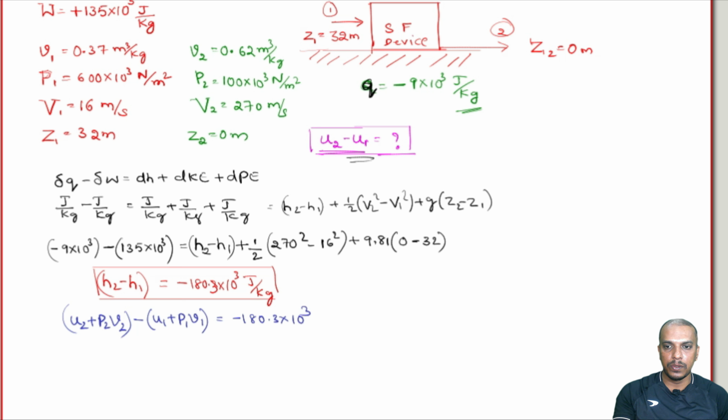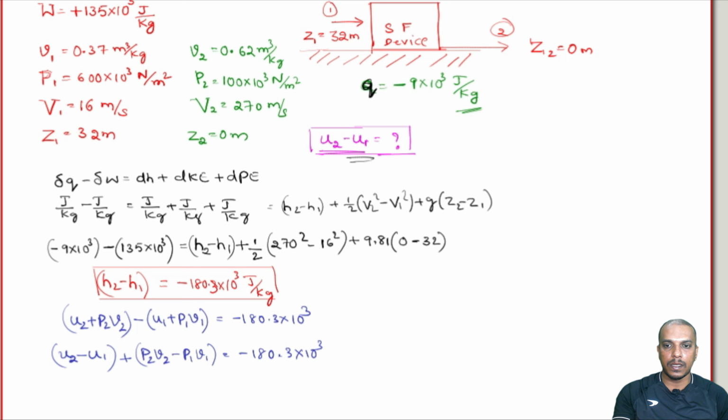Now, I will separate this U2 and U1 here, U2 minus U1 plus this P2 V2 minus P1 V1. This is minus 180.3 into 10 power 3.